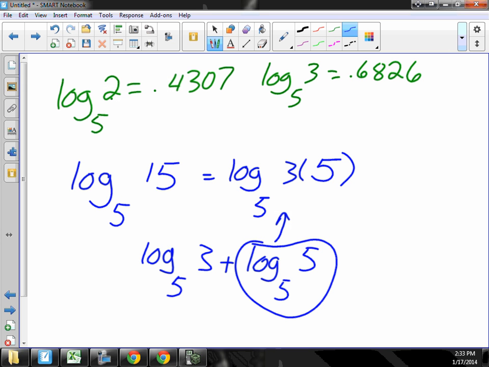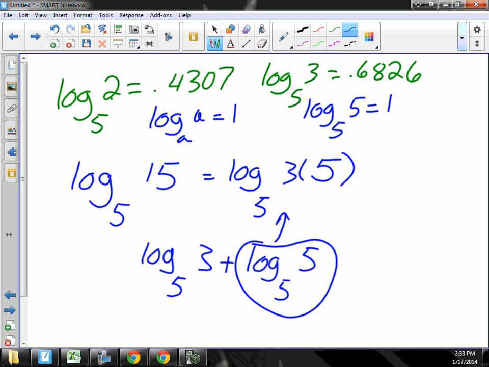Because a logarithm just represents an exponent. So 5 to what power equals 5? 1. So in addition to these two, we always know that log base a of a equals 1. Therefore, log base 5 of 5 equals 1. So we're allowed to use 3s and 2s, and in this case 5s, because that's the base.